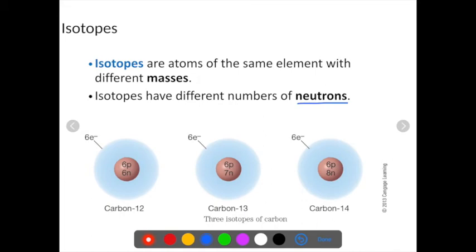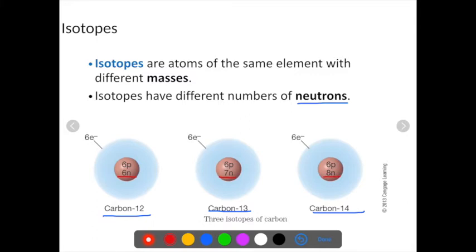So we have 3 isotopes here of carbon, and we name them based on their mass number. Here we have carbon 12, carbon 13, and carbon 14. They all have 6 protons, but you can see right here their neutrons are different, so it makes their mass number different.